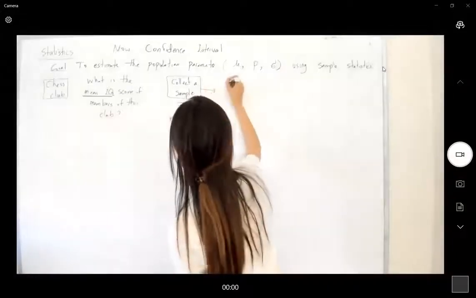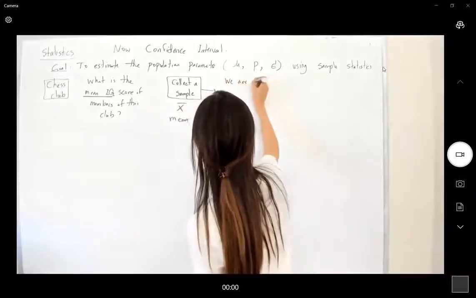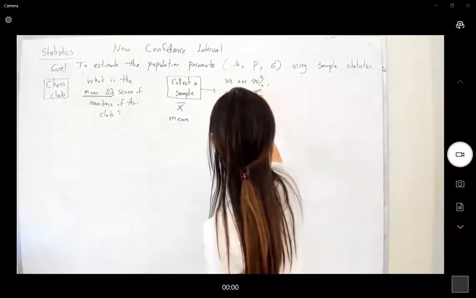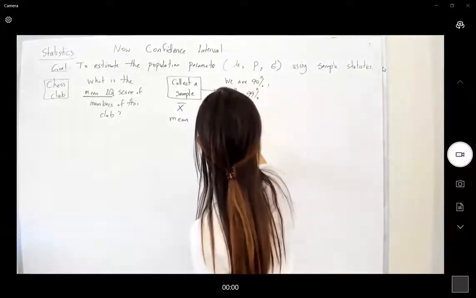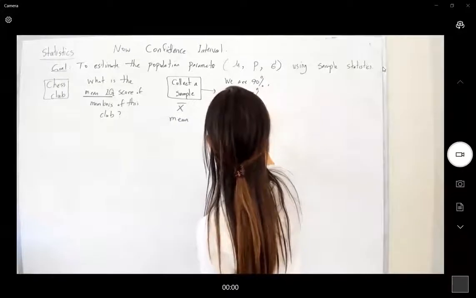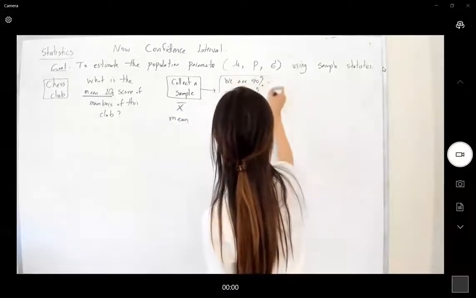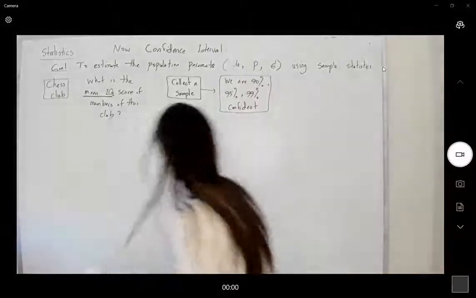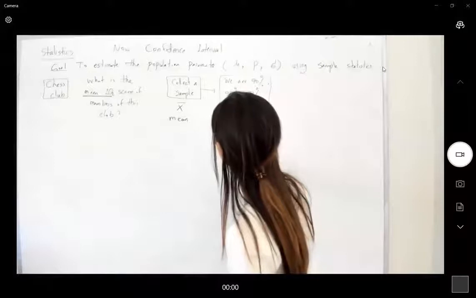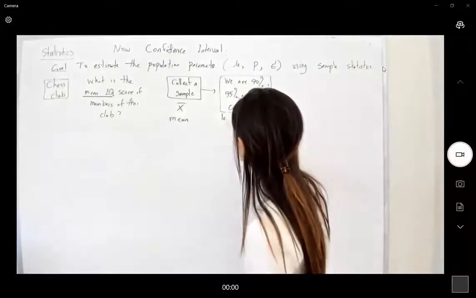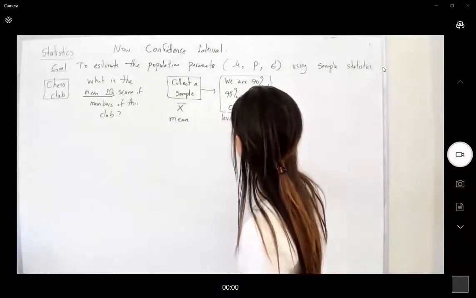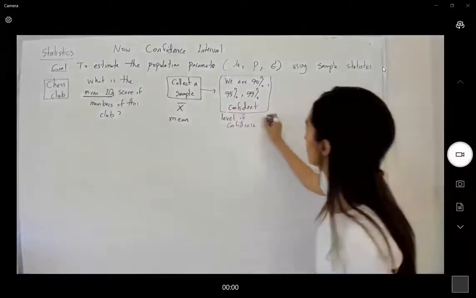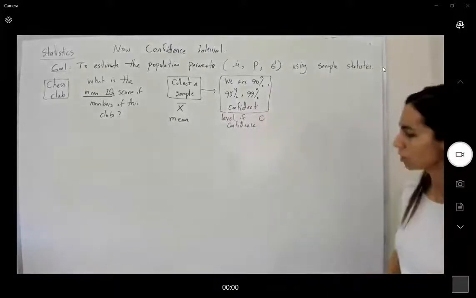So we are talking about the level of confidence, which is denoted by C.